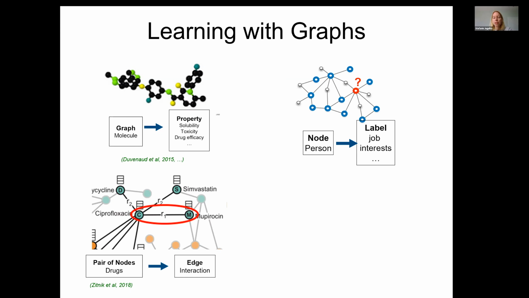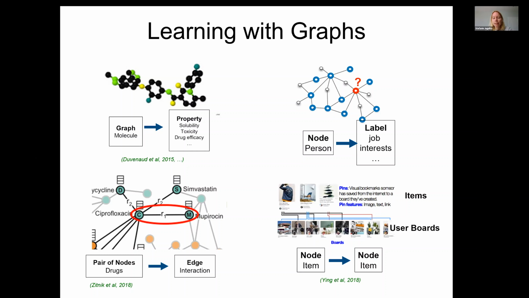So what you're trying to predict here is, if I take these two drugs together, will I have side effects of a certain type that don't occur if I take any of them by themselves? And again, what I know in this case is something about the nodes in my graph. I have features for the nodes, and I have also types of edges, and even different types of nodes.